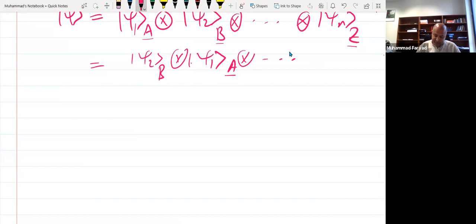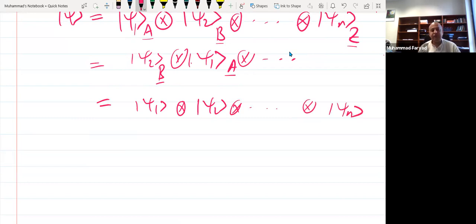It can come first and this can come later, etc. However, if we keep in mind that the first system state is coming here, and then the second system state is coming over here, and so on, then we can get away without writing any subscript. But in that case, we have to make sure that we fix this convention beforehand and then follow it throughout. So this is how we can express the composite state of a system.